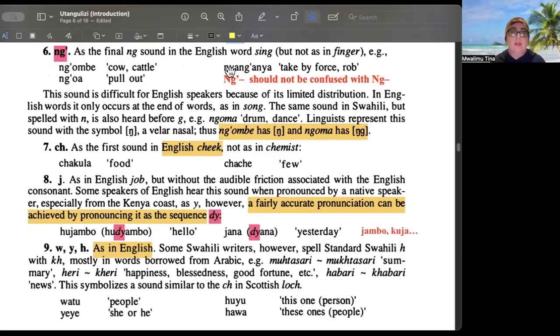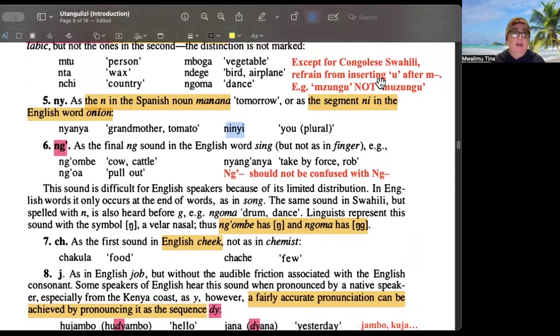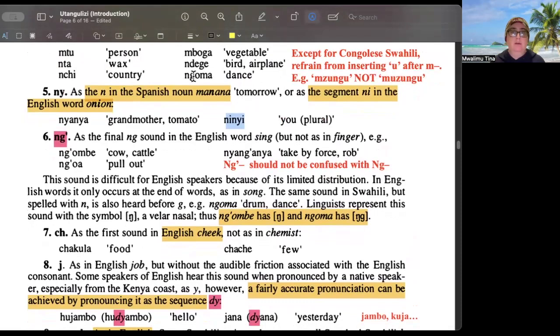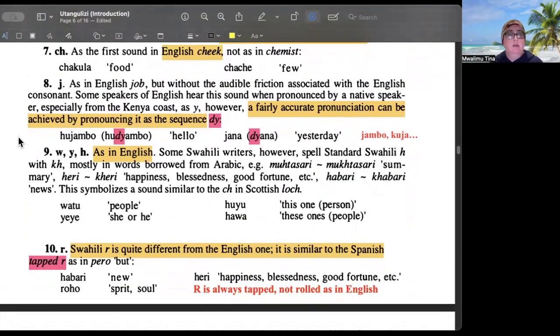Do take note that the NG apostrophe is not the same as the NG above, as in ngoma, ngoma. NG apostrophe is unique.